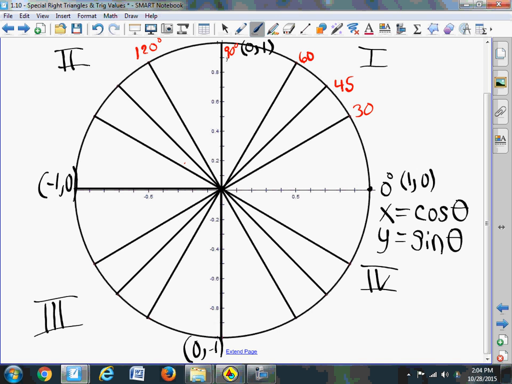Now, using the unit circle, we're able to define 0 degrees and find the sine and cosine. 90 degrees, 120, 135, 150, 180, 210, 225, 240, 270, 300, 315, 330, and 360, which is the equivalent of 0 degrees.